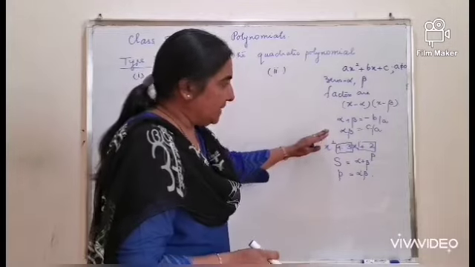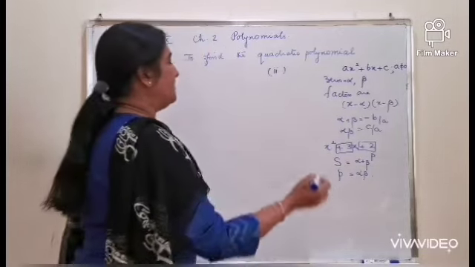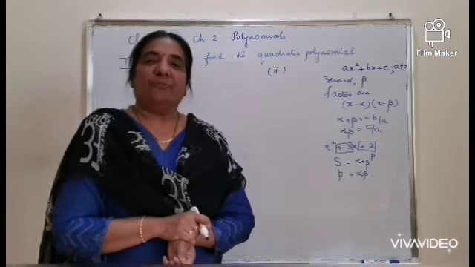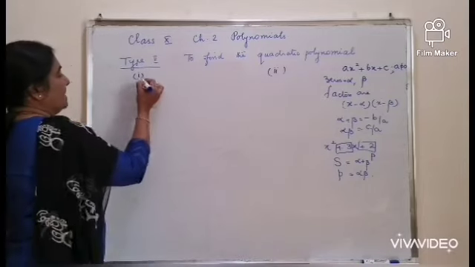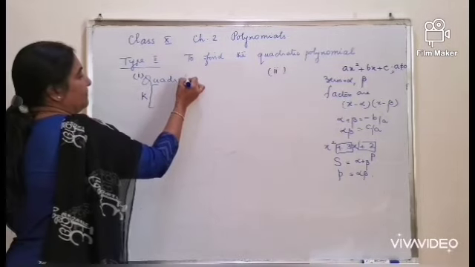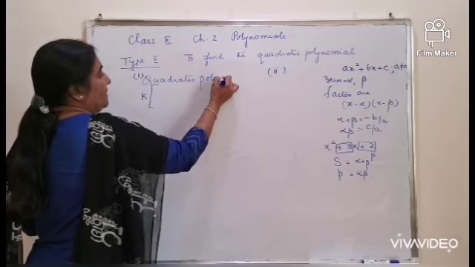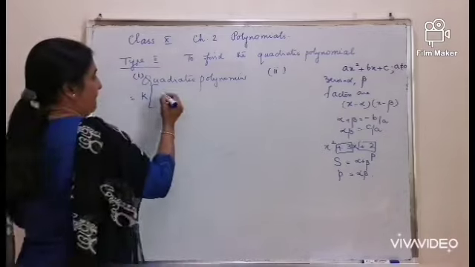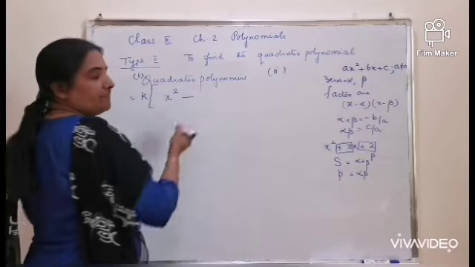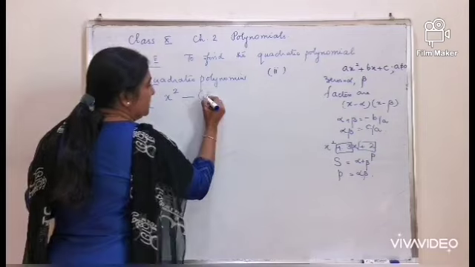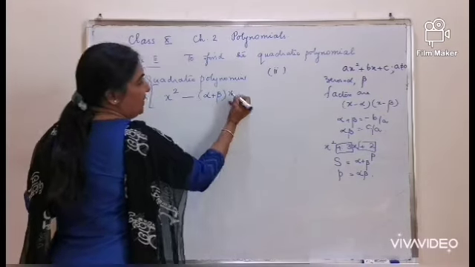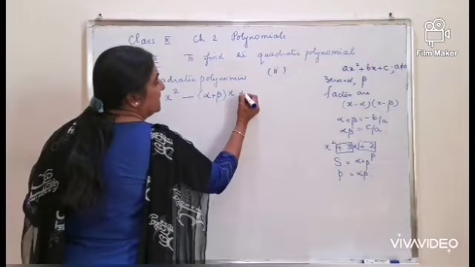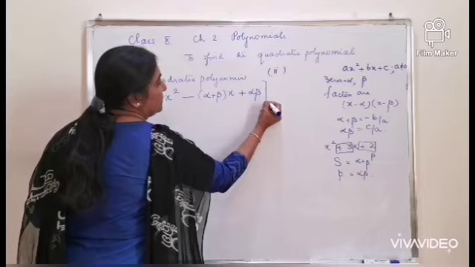So if you compare with that relation, the quadratic polynomial can be formed with the formula: quadratic polynomial is equal to k into, the first term is x square, second term is the sum of the zeros into x, and the third term is the product of the zeros.